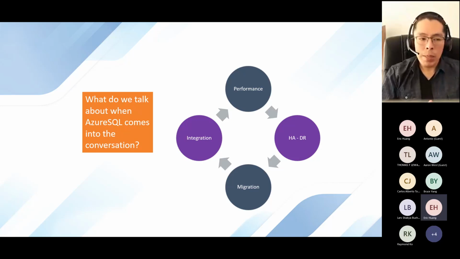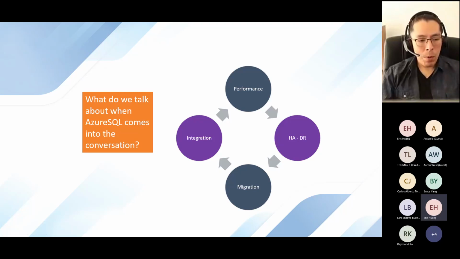And when we talk about integration, of course, here I want to highlight, for example, the construction of the data warehouse. How do we move our data inside SQL Server in order to be explored by Synapse, by Databricks, by anything else, in order to give more analytics options to my organizations, right?